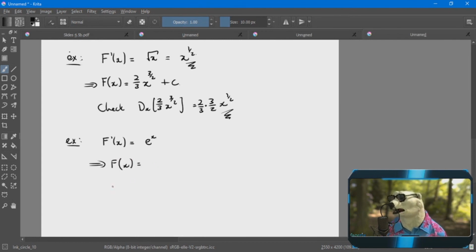So I'm looking for a function, something, so that its derivative answer is e to the x. Again, I'm just drawing on my knowledge of exponential functions to know that it's e to the x. E to the x is the function that has itself as derivative. Of course, I add the constant and I'm done.